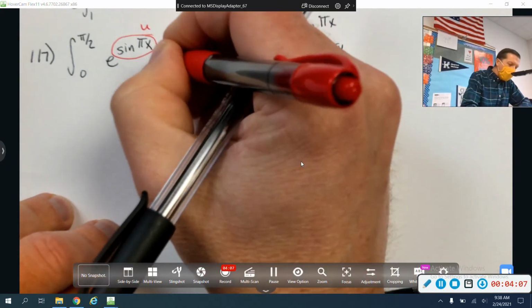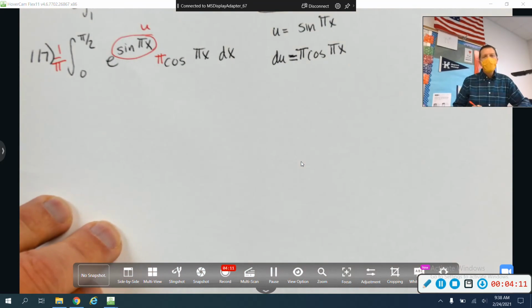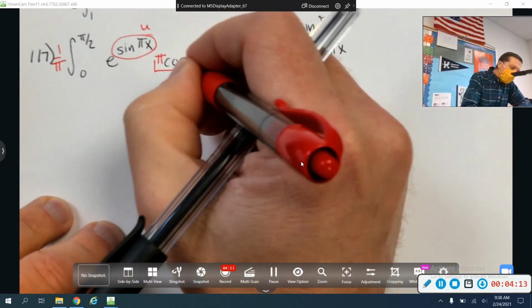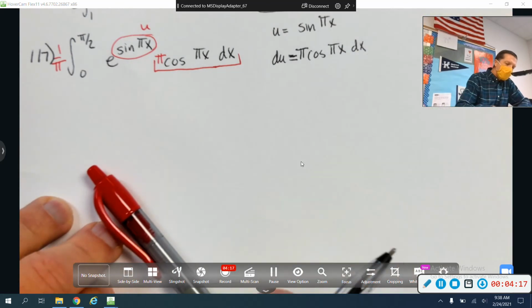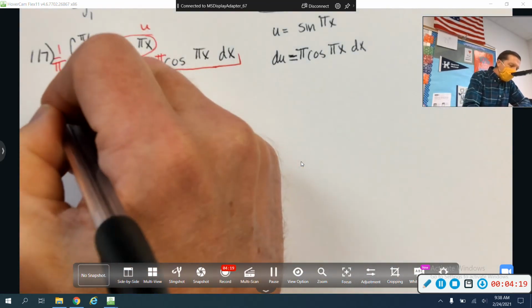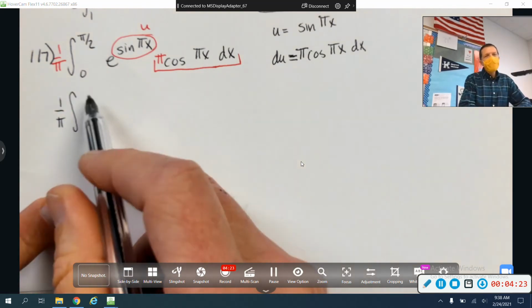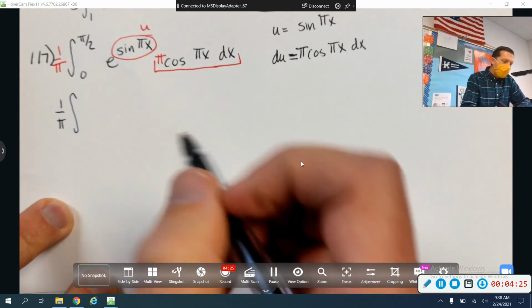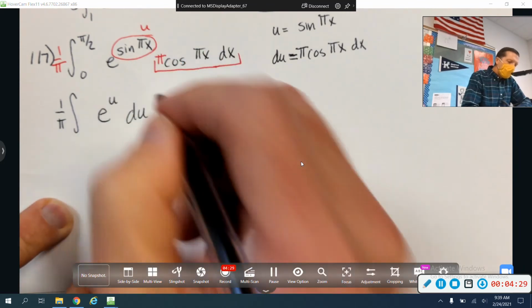I can fix the pi pretty easily. So put a pi on there to make du show up. So 1 over pi times the integral, I hold off on the limits because we're in the process of switching, e to the u du.